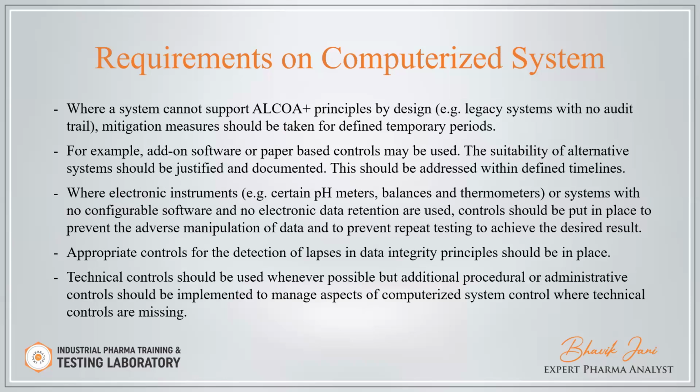Where the system cannot support the ALCOA plus principle by design, mitigation measures should be taken for a defined temporary period. If you have any software which does not comply or only partially complies with ALCOA plus, then mitigation measures should be taken for the defined temporary period.